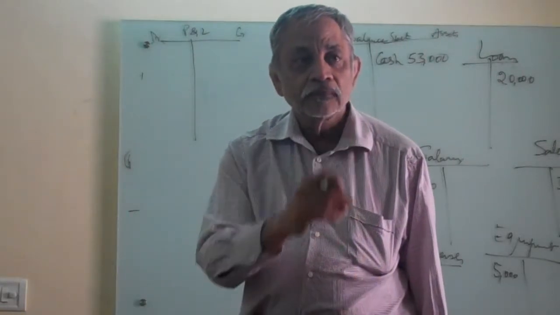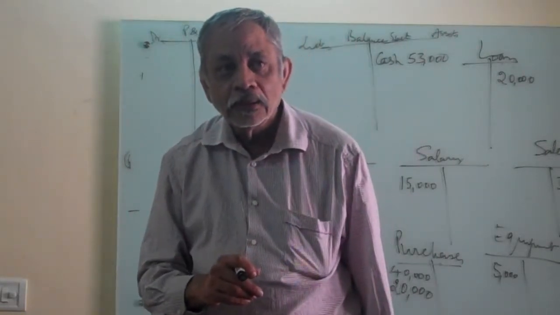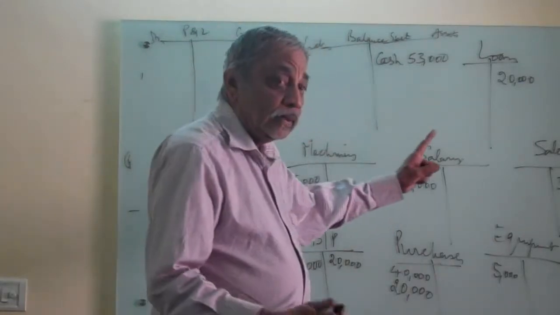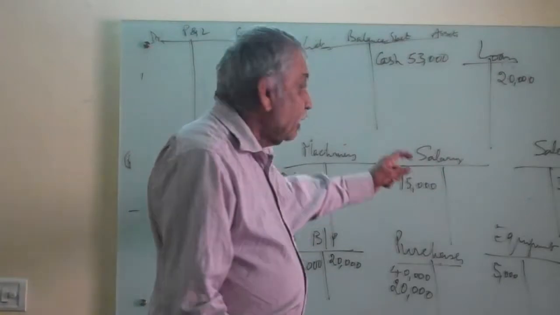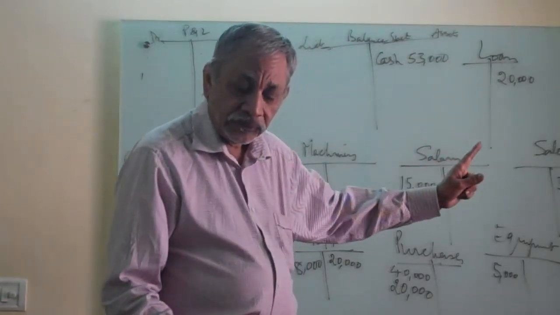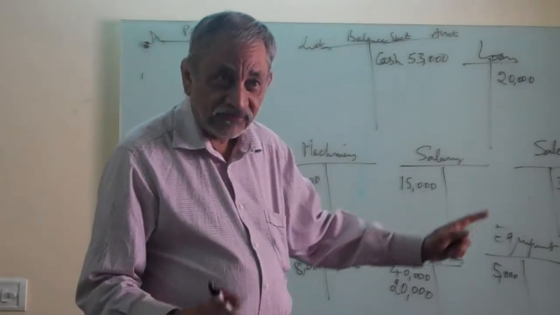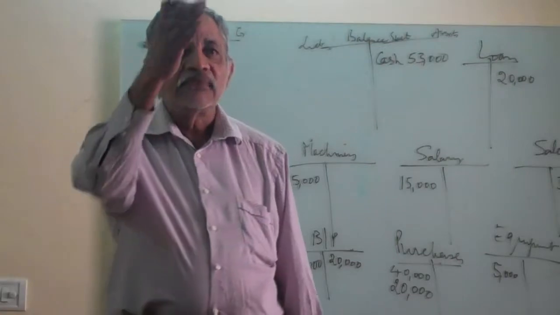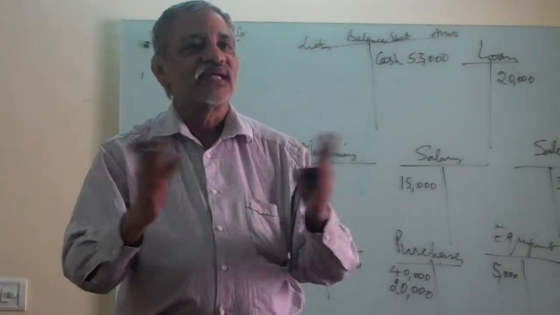In the cash value 53,000, the right or left, doesn't it matter? Wait a minute. Conventionally, assets are on the right side, liabilities are on the left side. But today, if you see any printed balance sheet, it is one below the other, not on left side, right side.